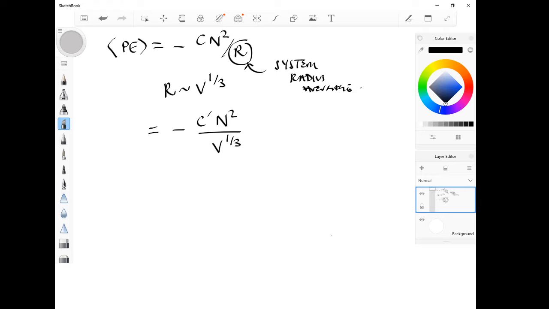And then we also now use the virial theorem again, which is that the kinetic energy is equal to minus a half potential energy.